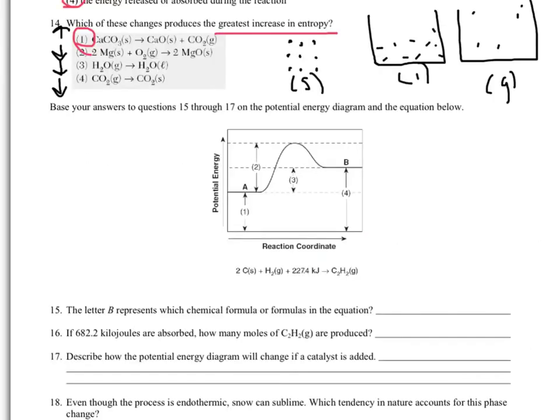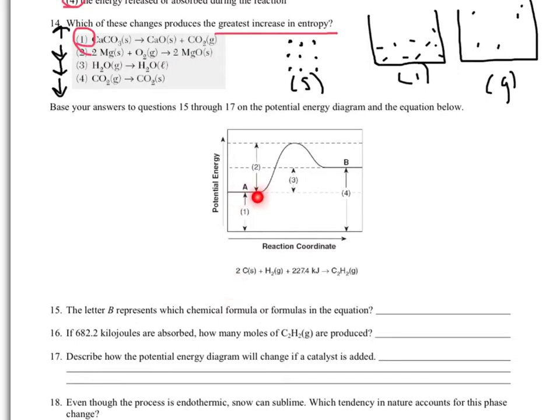The next series of questions, we're asked to look at the potential energy diagram. We're given an equation below. Notice that potential energy diagrams are written in the same left to right orientation as chemical equations. So we begin with the reactants.